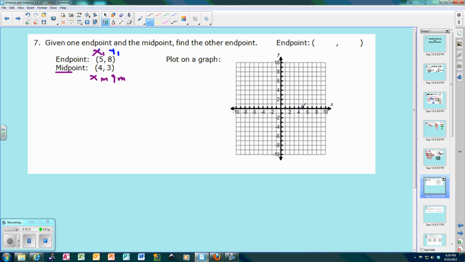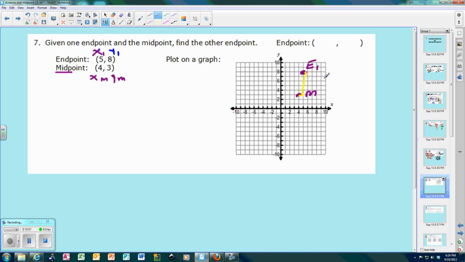So let's go over here and plot 5, 8. So that's the end we know. We'll call that end 1. And 4, 3, 4, 1, 2, 3. There's the middle. So I need to find the other end. Well, if I'm going like this, I know it's going to be down here somewhere. So let's go from here down and then over 1.